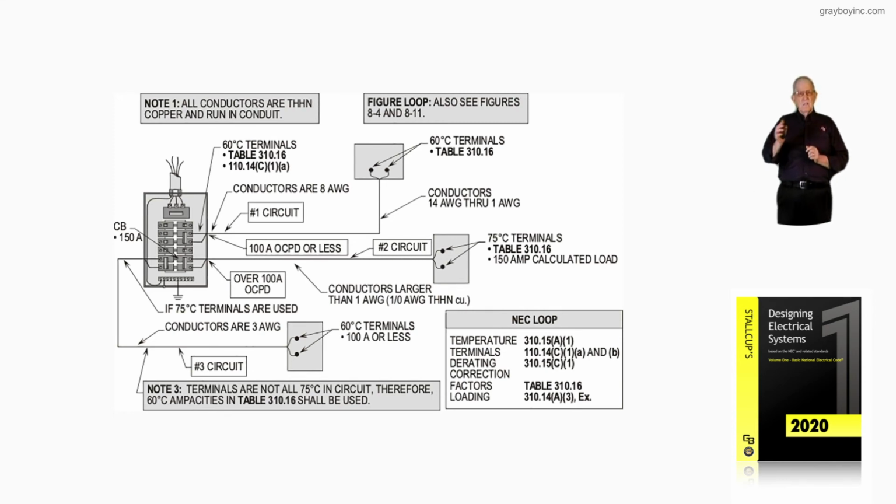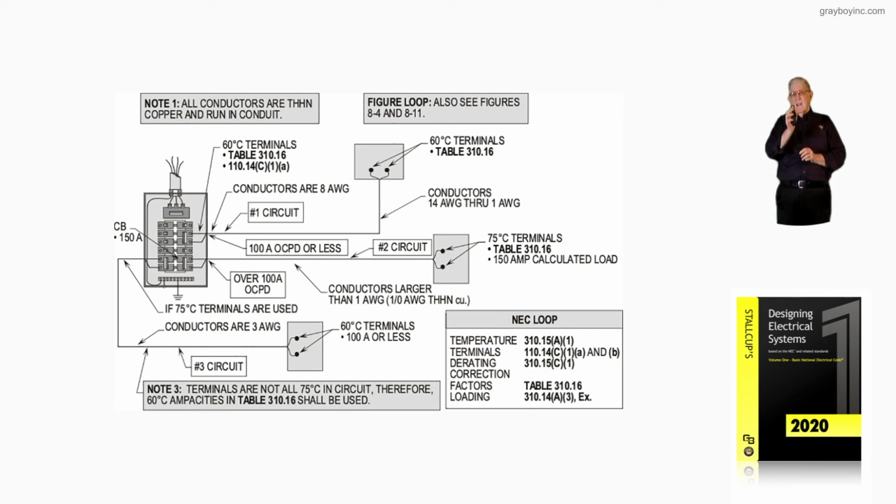In circuit 3, it's at the equipment. And you notice it says 100 amps or less, conductor sizings 14 through number 1 in accordance with 110.14(C)(1)(a). Why is that? Because if you're a 60-degree C terminal, it takes a number 1 conductor to give you 100 amps. So that's why it's number 14 through number 1 in 110.14(C)(1)(a).